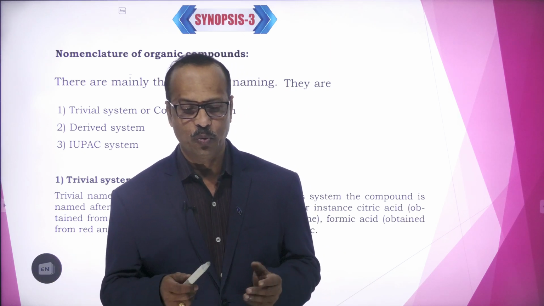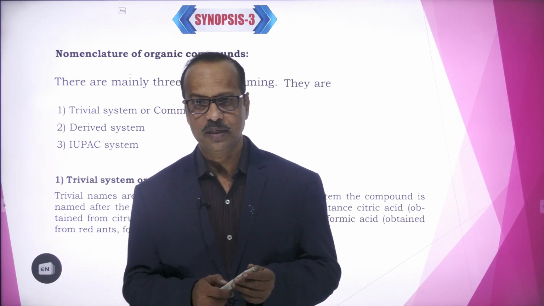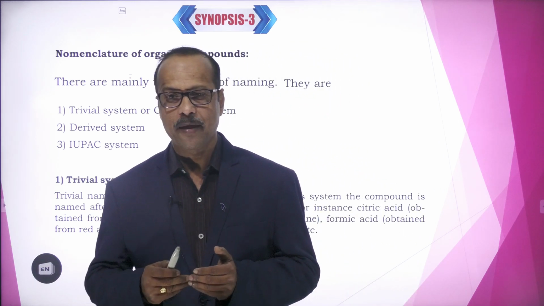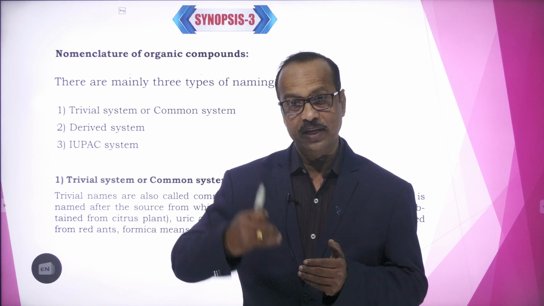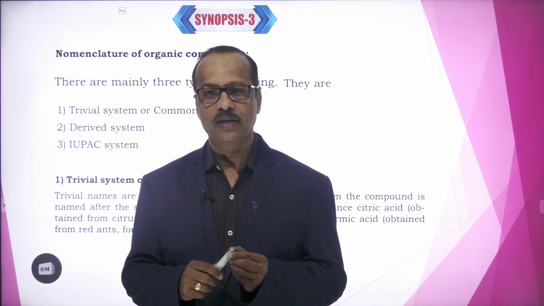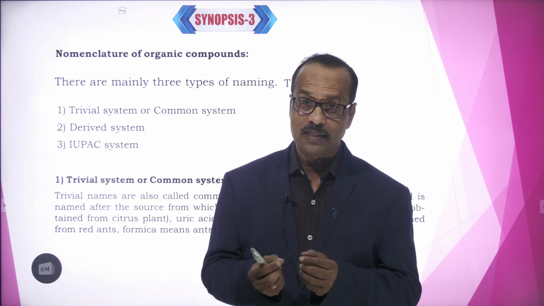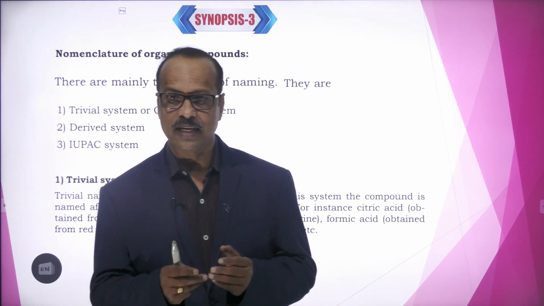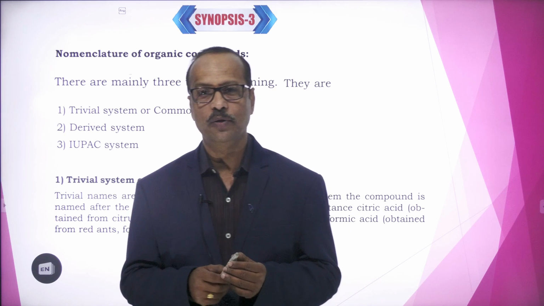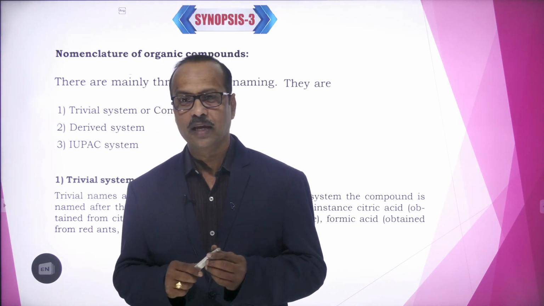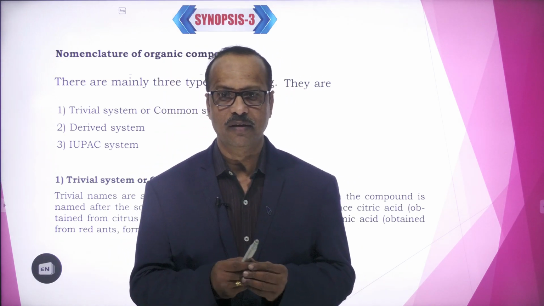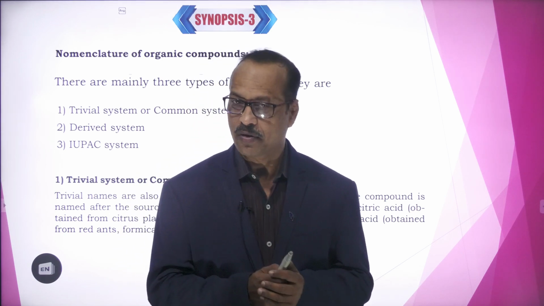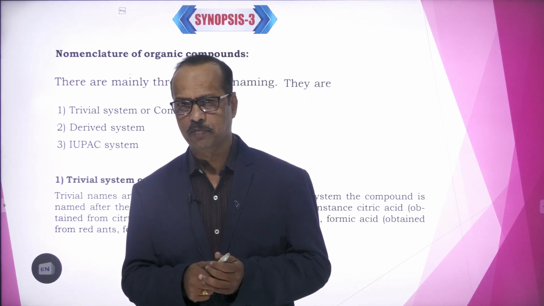Some parents give the child's grandfather's name. Some check the zodiac sign of the child and name based on that. Some give the name of the god whom they worship. Like this, different types of names are given.